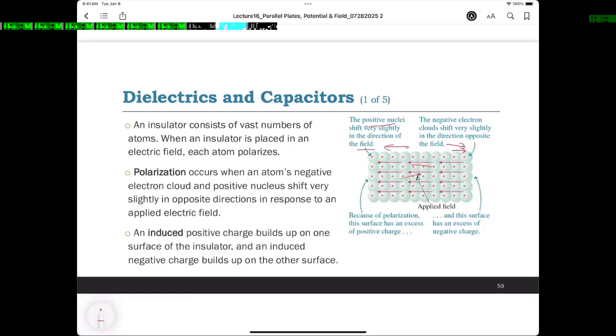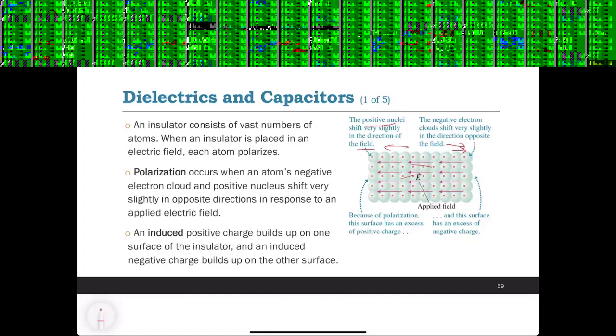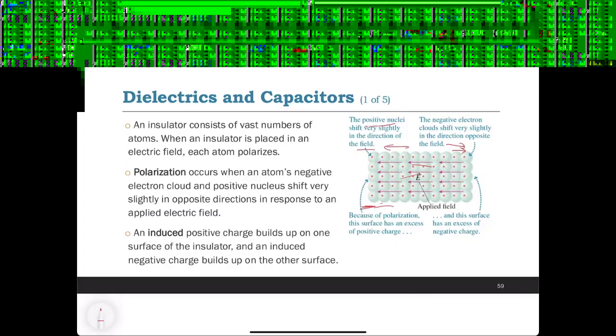Because of polarization, this surface has an excess of positive charge, of course, because the positive will shift in this direction, and this surface has an excess of negative charge. That makes sense to you.